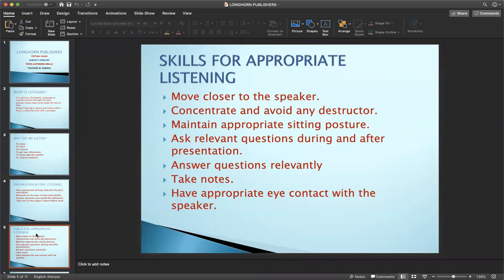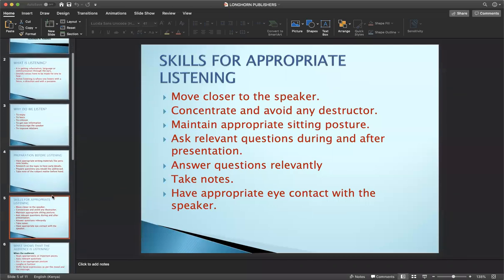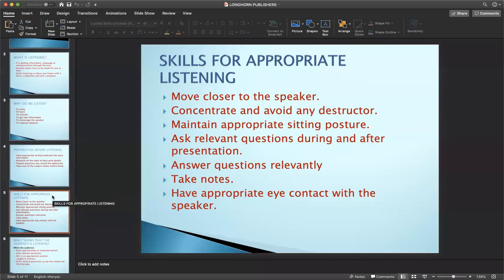So for you to have appropriate eye contact means that you are able to get even the emotions and the feelings of the speaker. It is always important for listening, for one to have that eye contact with the speaker.